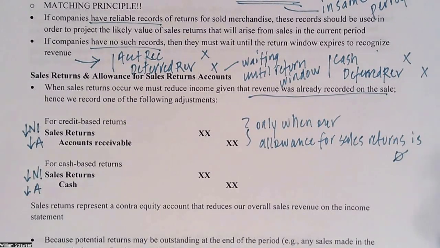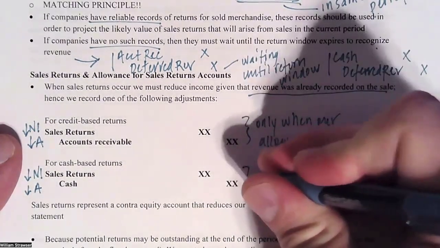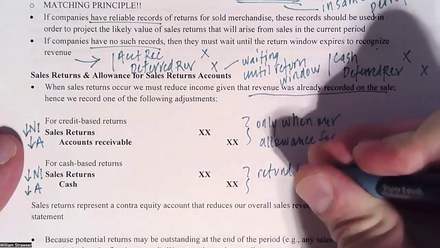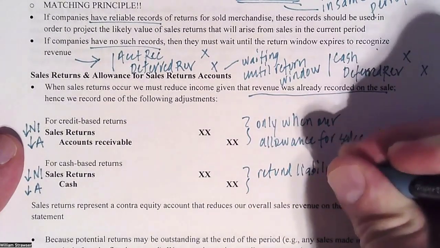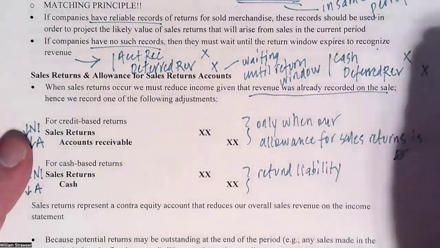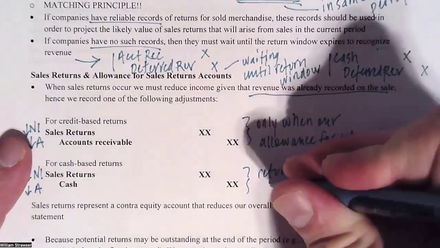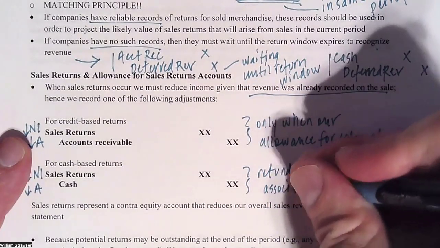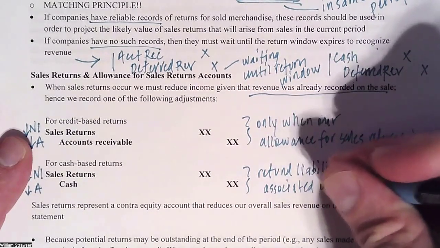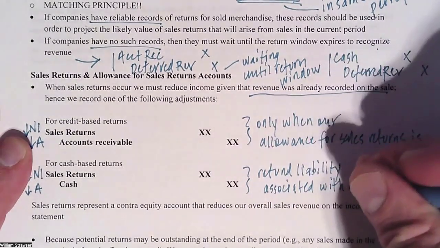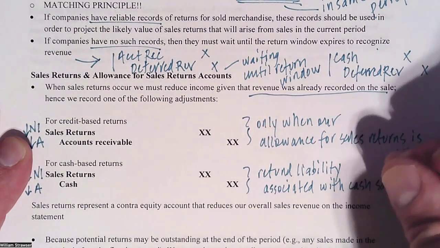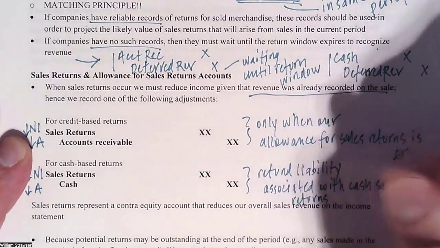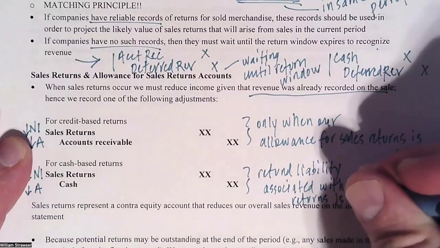For cash-based sales, we do this only when the refund liability associated with cash sale returns is zero.